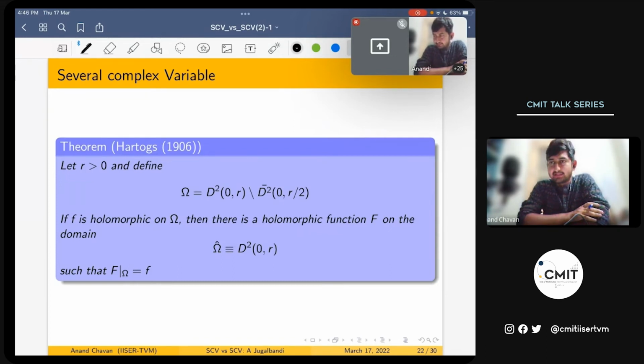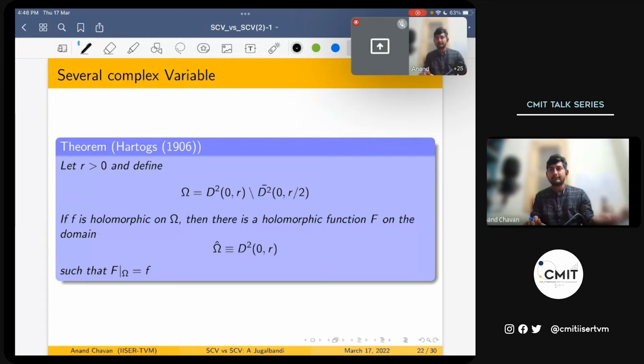As we have seen previously, we were merely increasing one variable and extending the definitions or results in a linear fashion from single variable to higher complex variables, right? But this discovery made by Hartogs changed the perspective of looking at several complex variables, to look at it as an independent topic of interest.